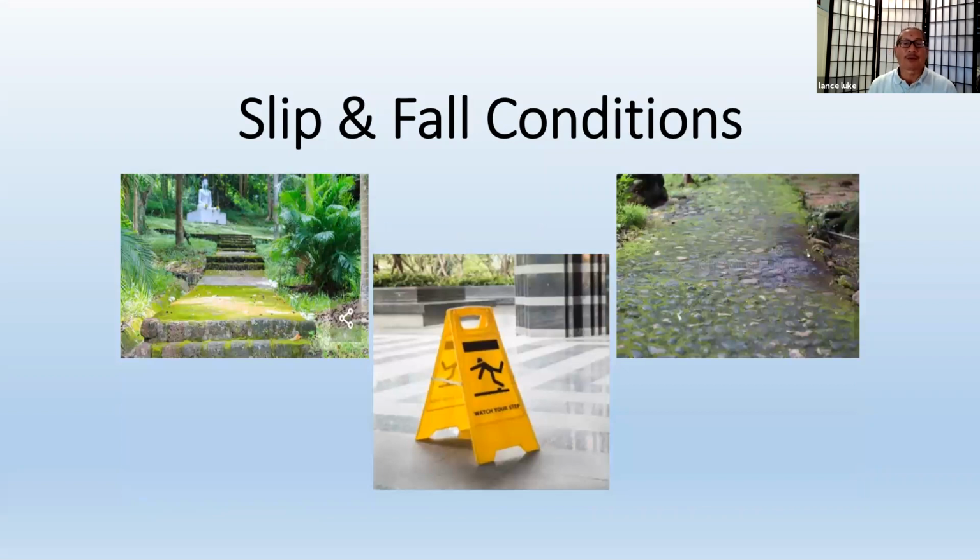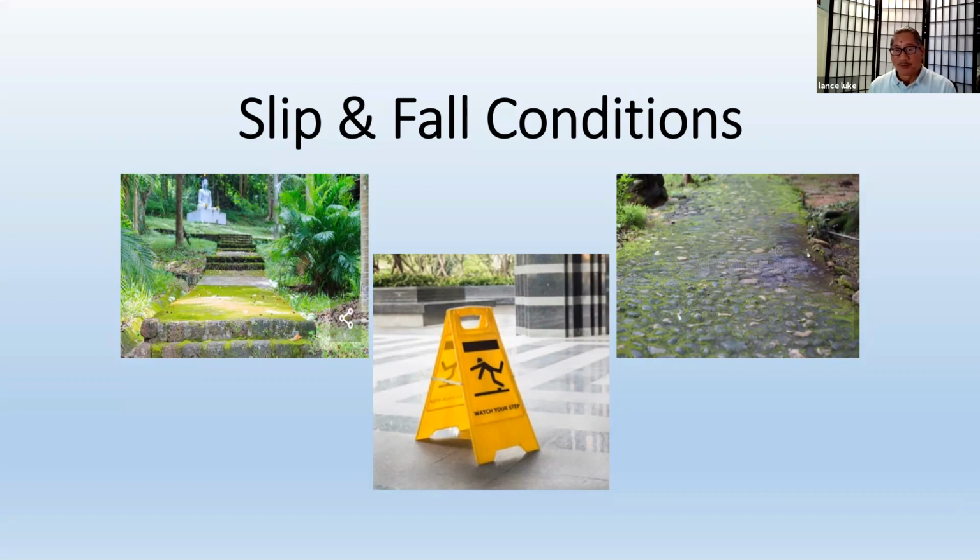Let's talk about some slip and fall conditions outside. If you have moss growing on a concrete walkway or sidewalk, it could be very slippery. The middle picture is of an outside lobby, and they have this smooth marble tile. When it rains, because it's outside, it gets wet, so be aware of that.